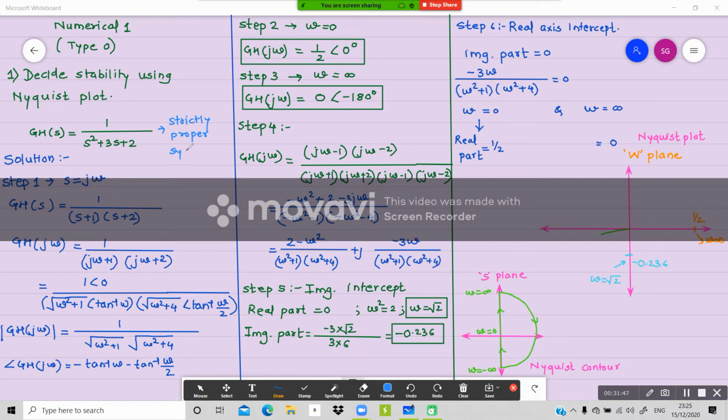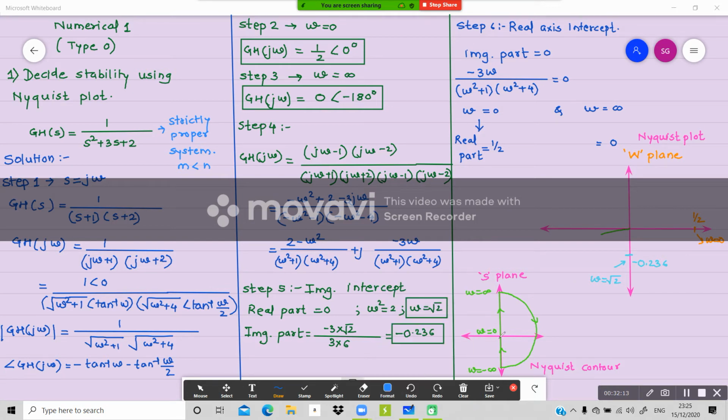And what do you mean by strictly proper system? Strictly proper system means m is less than n, and very well understood over here, 0 zeros and 2 poles, that means m is 0, n is 2, m is less than n, system is strictly proper. All the points on this path will get mapped into a single point at origin.